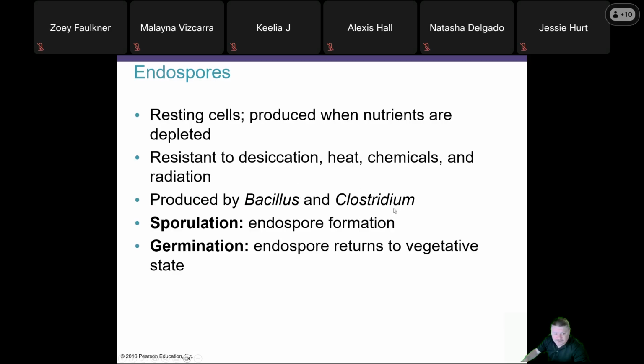This is a big one to worry about when you're canning food: Clostridium botulinum, which causes botulism. If you do not get that canned food up to an extremely high temperature, you have to put it in a pressure cooker and get it well above the boiling point to kill these endospores. If not, if you get an endospore in there, it will germinate, and then it starts making a toxin that is deadly.